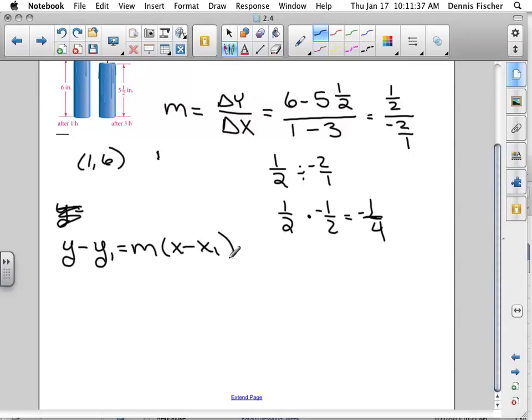So I have my point here. I've got y minus 6 equals -1/4 times x minus 1. Now let's try to get y by itself. Give me a second. It's a lot easier if you try it. So I have to get y by itself.